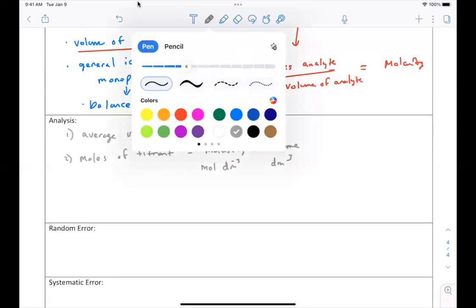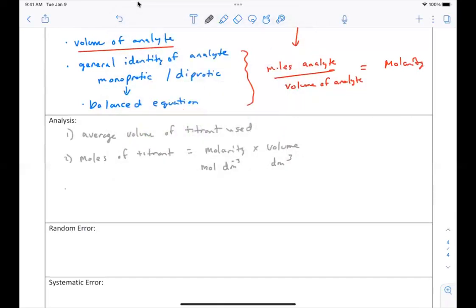Okay. Now, once you get the moles, then you can calculate the moles of analyte by using the mole to mole ratio. So if we know the moles of titrant and we know the balanced equation, we can figure out how many moles of analyte must have reacted with it.